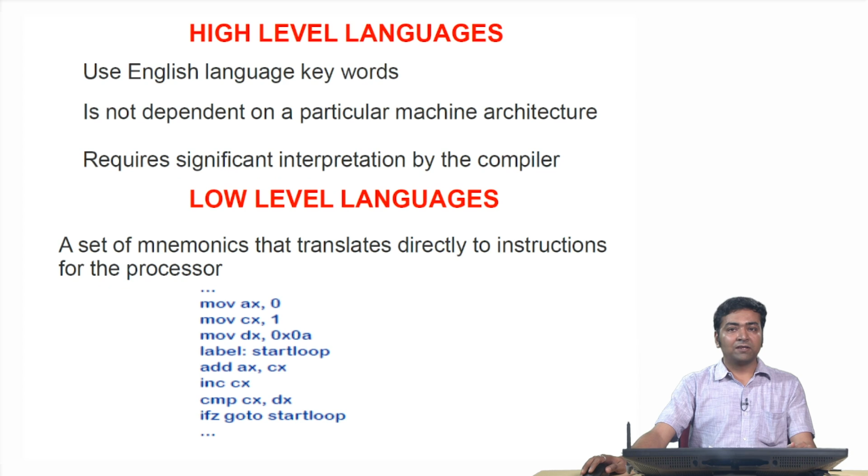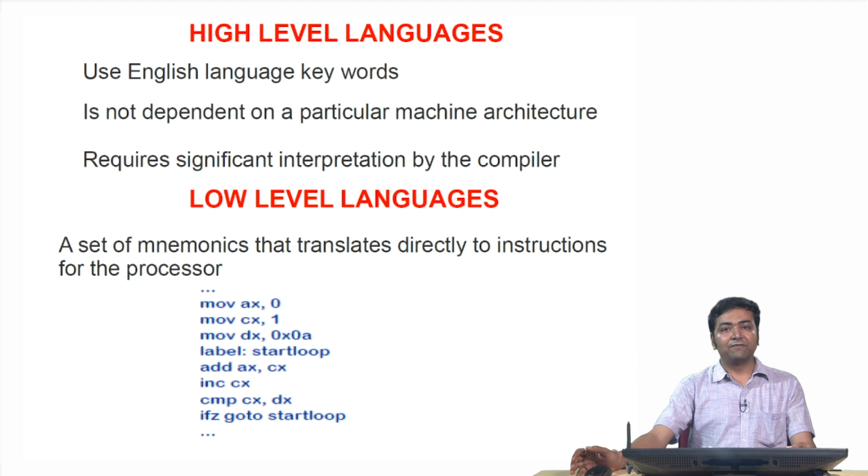As computers evolved, the way a human interacts with the computer has also evolved significantly. In the early days, there were these low level languages. The first level language was based just on simple binary instructions, providing instructions to the computer by use of binary numbers like 1 and 0.